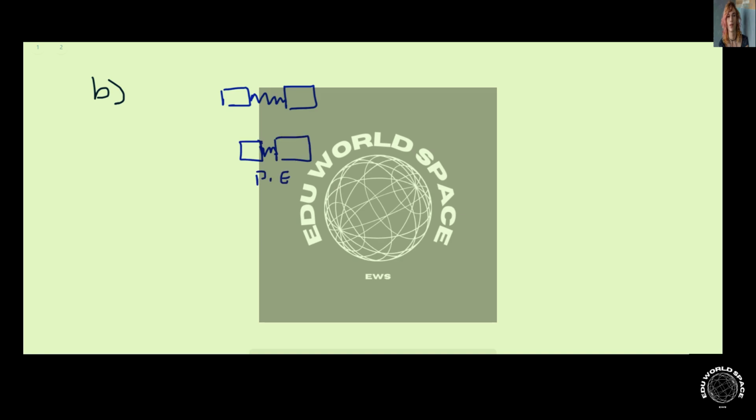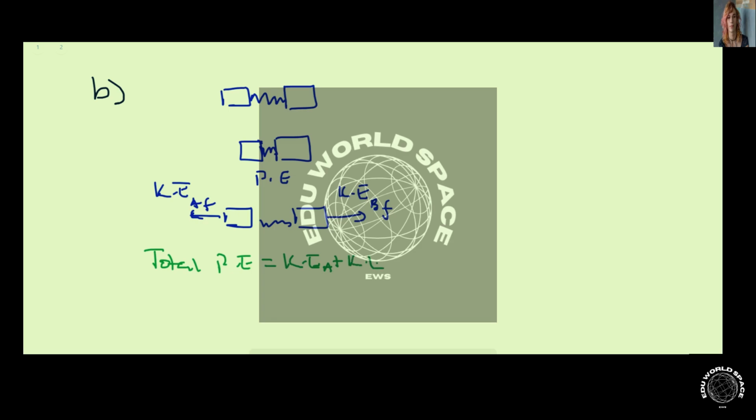When it bounces off, all the potential energy is transformed into the final kinetic energy of A and the final kinetic energy of B. So the total energy of the system is the final kinetic energy of A plus the final kinetic energy of B, which is 1/2 m_A v_A final squared plus 1/2 m_B v_B final squared.